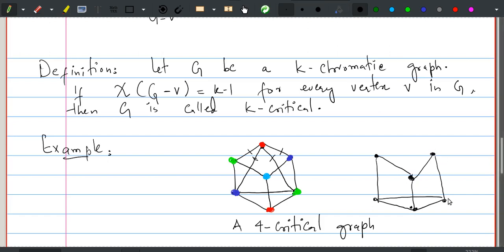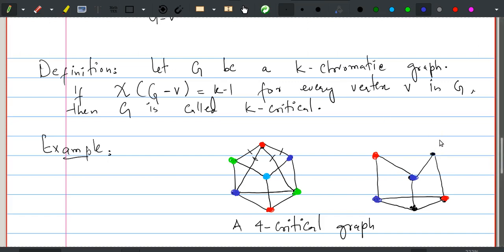Now its chromatic number must be equal to 3. So let us give a coloring to this graph. We can color this vertex with red color, and this vertex with red. Let us paint this vertex with blue color, this with blue. Sorry, we cannot use blue color here.